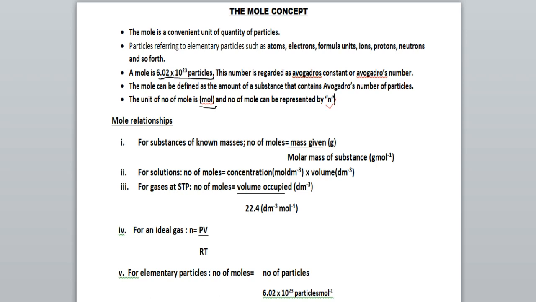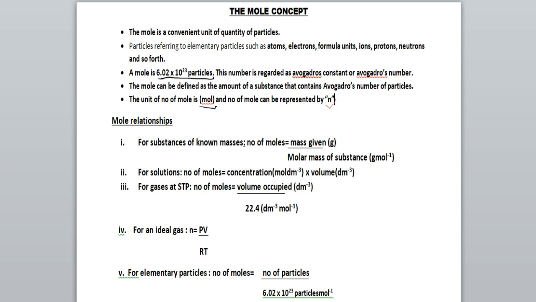These parameters include mass, volume, molar mass, concentration, and so forth. So mole is quite affiliated with a number of quantities in chemistry, so it is very important that we understand it.